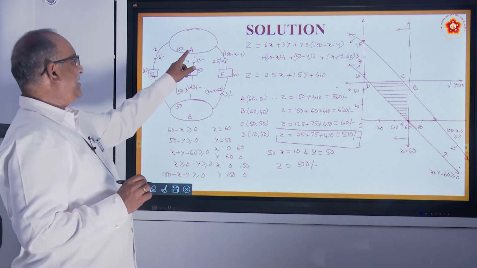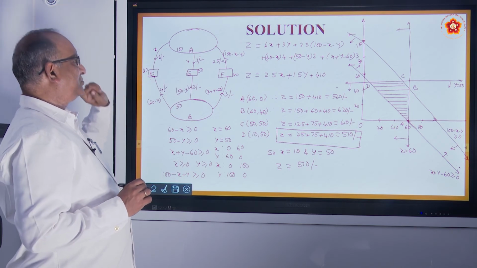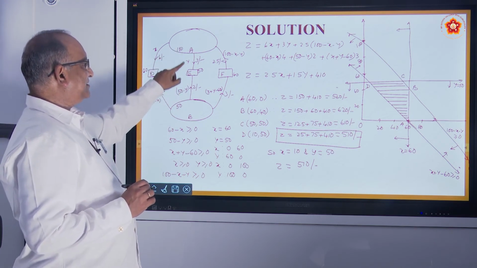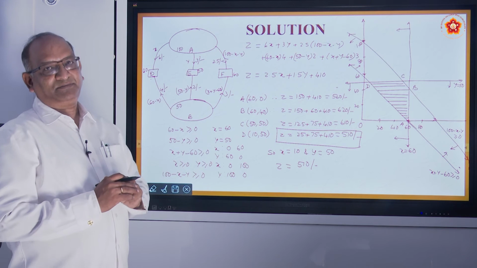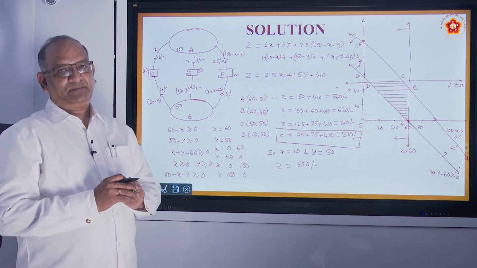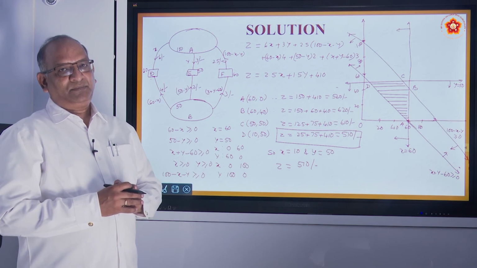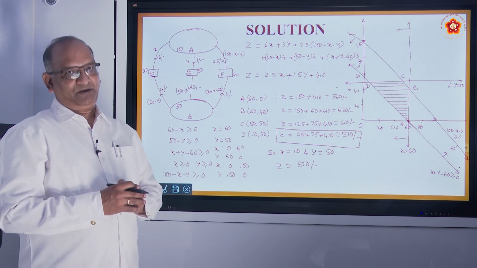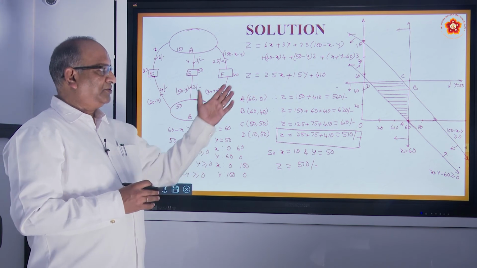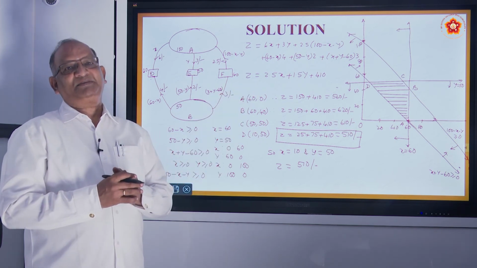Means from A he should supply 10 quintals to D and 50 quintals to E, and the rest will follow automatically. And this is what he asked us to find out. Okay. So, this is how the transportation problems are solved.